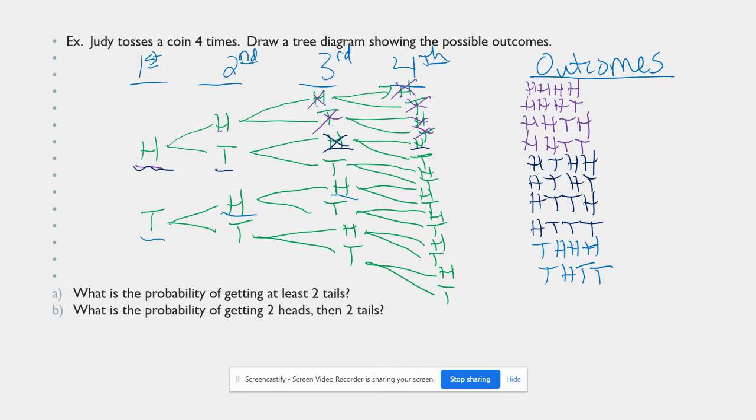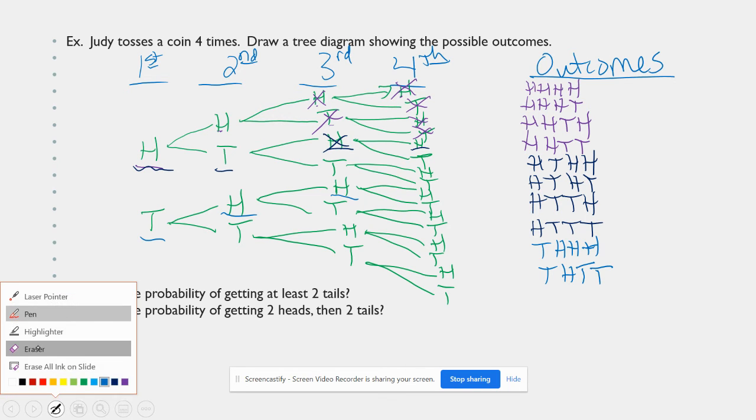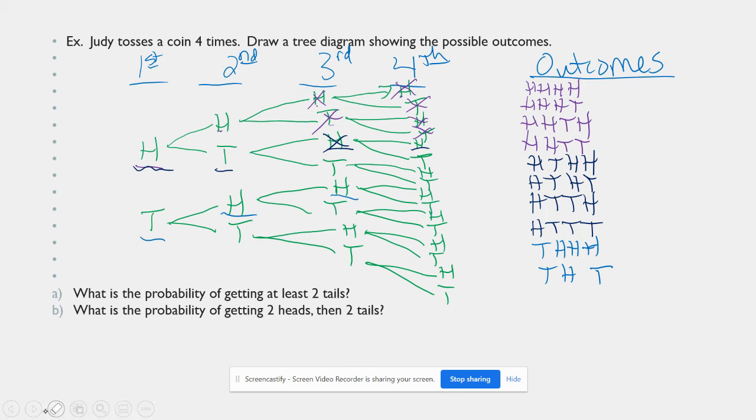Oops, I wrote it again. I need a heads there. There we go. So that takes care of this. Tails, heads, tails, heads. And then tails, heads, tails, tails.